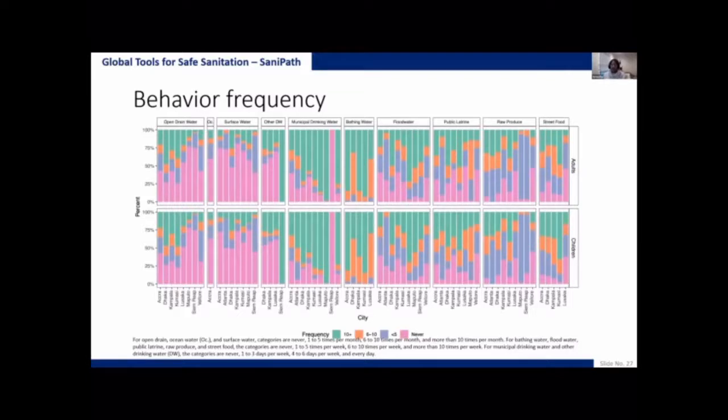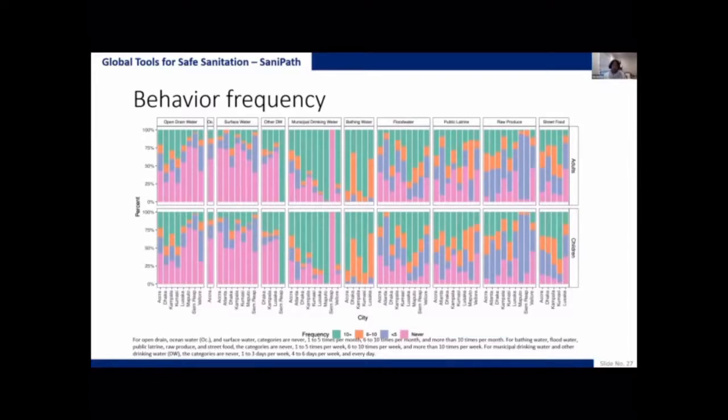On this slide, we are able to see the frequency of behavior that leads to contact with the environment for all the studied cities by both pathway, which is listed along the top, and by age group, which is listed on the side. The top row shows results for adults and the bottom row shows results for children.